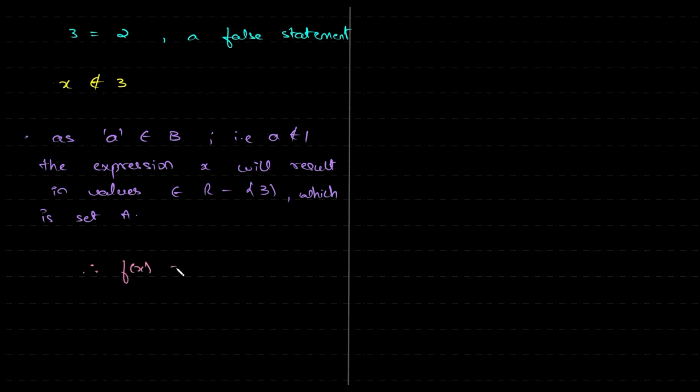Therefore f of x is onto for f mapping from set A to set B. Right guys, so this is your conclusion.